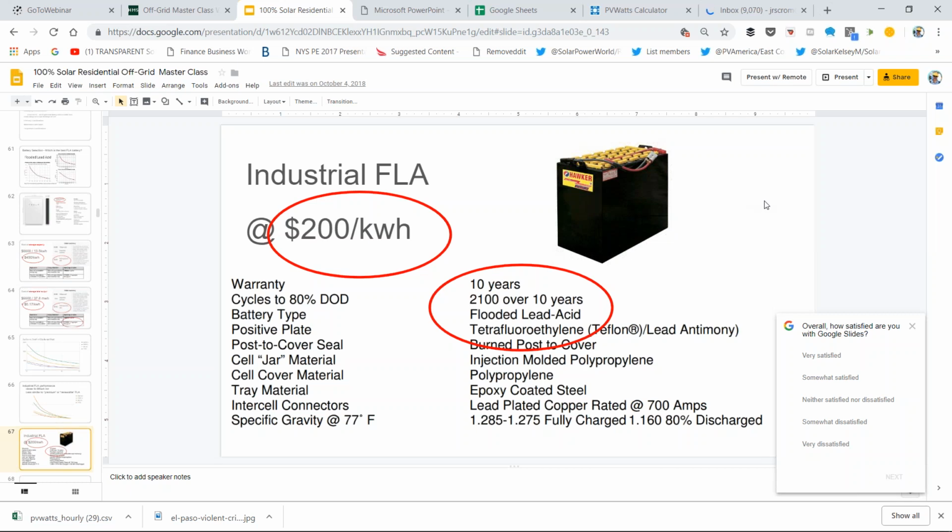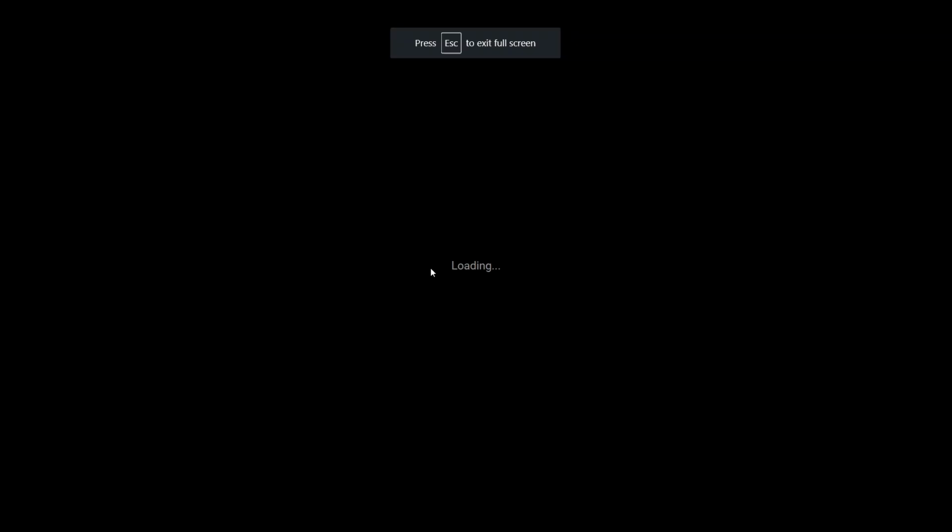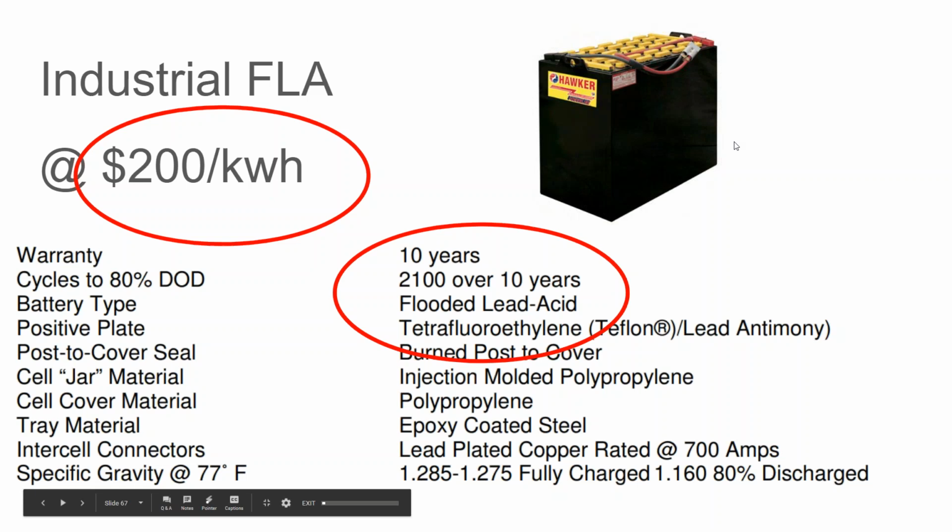Well, $200 a kilowatt hour. So we see this 80% depth of discharge rating at 2,100 cycles over 10 years and a bunch of other things.